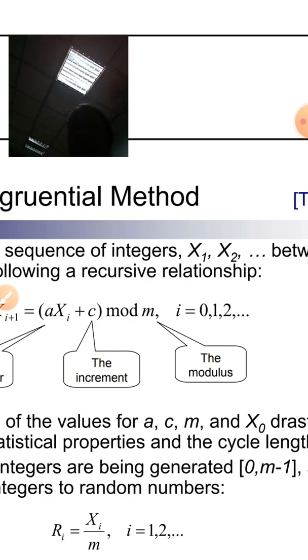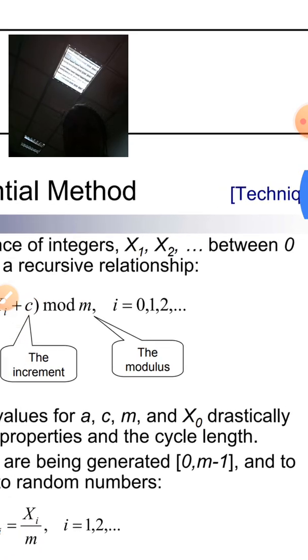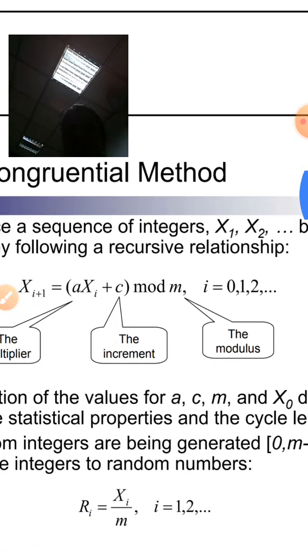When i is equal to 0, directly I can generate x1. But what is this x naught? X naught is also the first random number, the seed, which is selected.